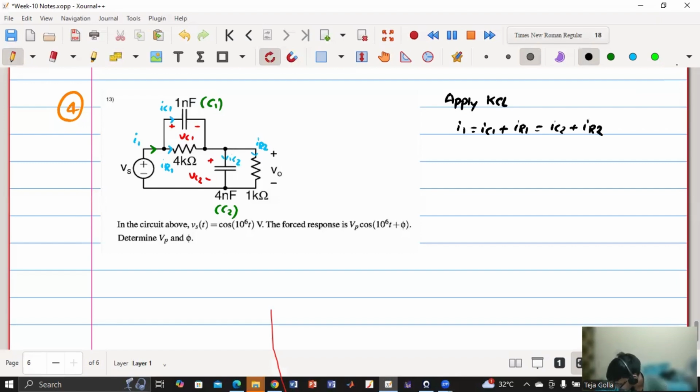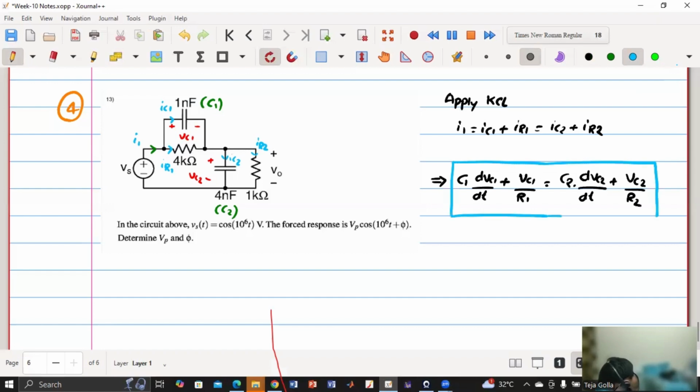IC1 is C1 dVC1/dt plus IR1 is VC1/R1, equal to C2 dVC2/dt plus VC2/R2. Is this clear? The simple equation I got from applying KCL. Any doubts until this point?